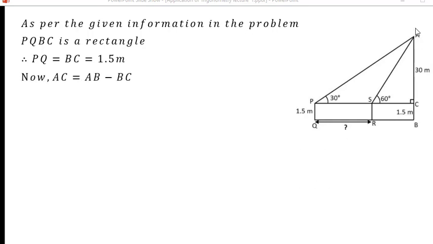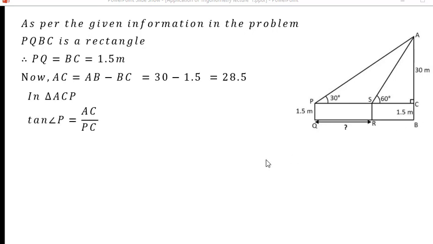Now AC, okay, as I am going to use the triangle PCA or ASC, I need AC. So AC is AB minus BC, which is 30 meter minus 1.5 meter, that is 28.5 meter. Now in triangle ACP, angle C is 90 degree.